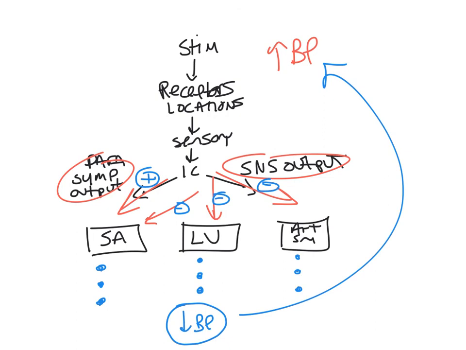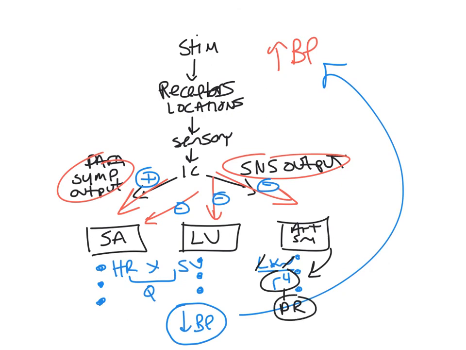So remember, for blood pressure we have heart rate, stroke volume, and length times viscosity over radius. Here we're talking about radius. Smooth muscle affects radius, which affects peripheral resistance, which affects blood pressure.